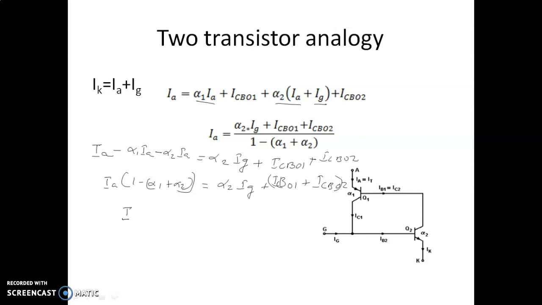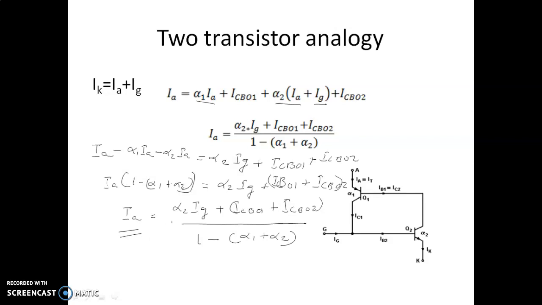Or you can write IA is equal to alpha 2 into IG plus ICB naught 1 plus ICB naught 2 divided by 1 minus alpha 1 plus alpha 2. This is the equation for current IA using the two transistor analogy.